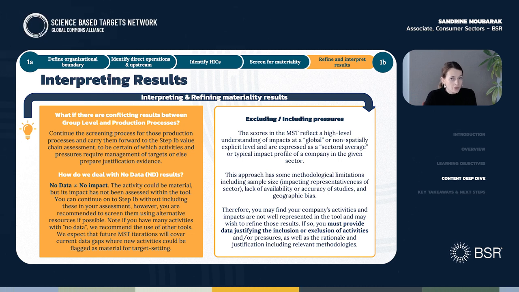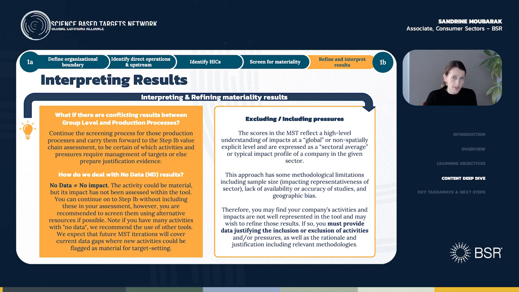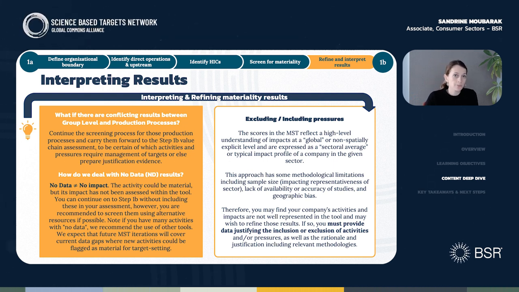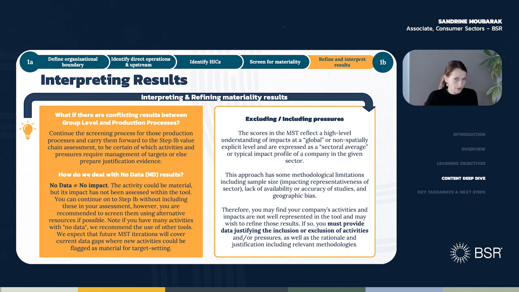Therefore, companies may find that their activities and impacts are not well represented in the current tool. In those cases, provide data justifying the inclusion or exclusion of activities and/or pressures, as well as the rationale and justification, including relevant methodologies, and submit them as a separate file attachment so that the SBTN's validation team can ratify their justification.